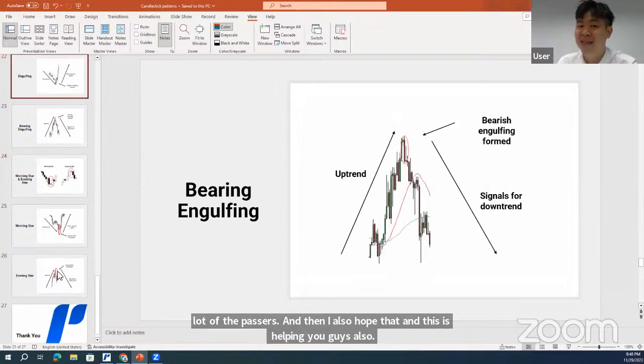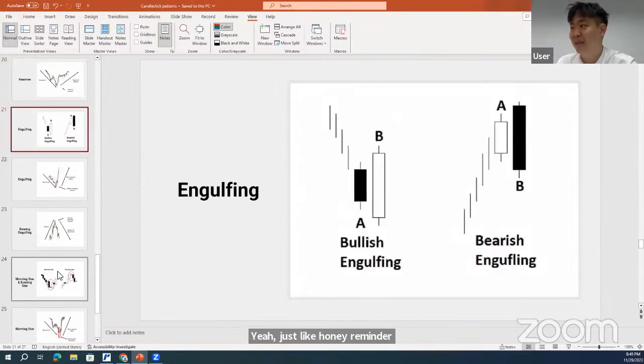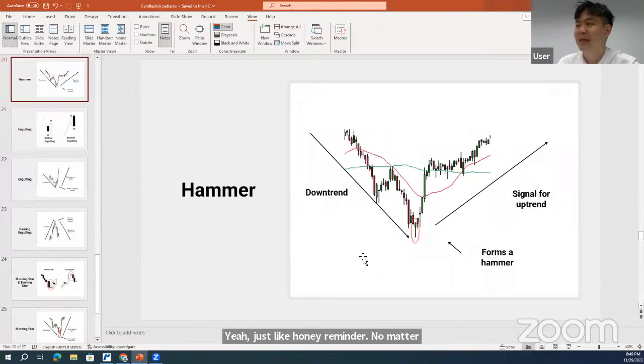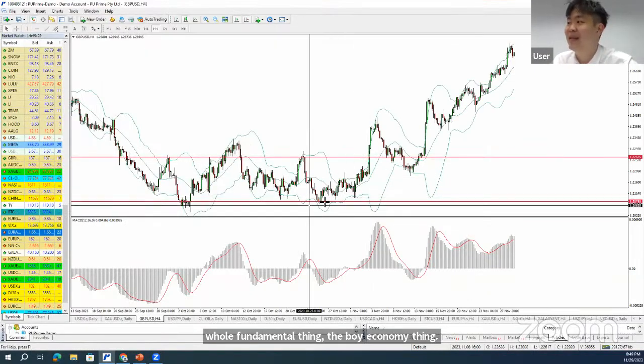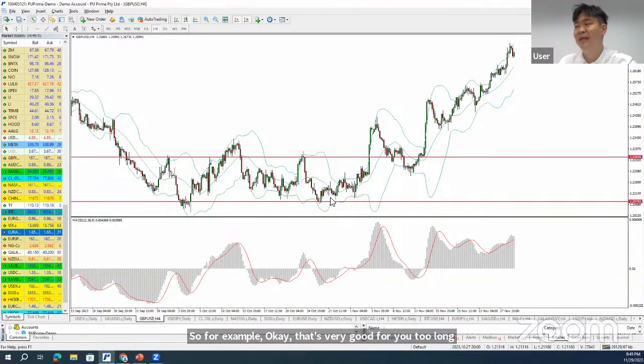Just a reminder: no matter how, sometimes you notice a certain candlestick pattern, very nice, rebounding on a certain support level, it's better for you to consider a stop loss. You cannot go all in with your capital just because of one candlestick pattern. Because Forex, CFD products or commodities are affected by world fundamentals and the world economy. For example, the candlestick pattern is very good for you to long, then suddenly there is a certain fundamental that causes the difference.